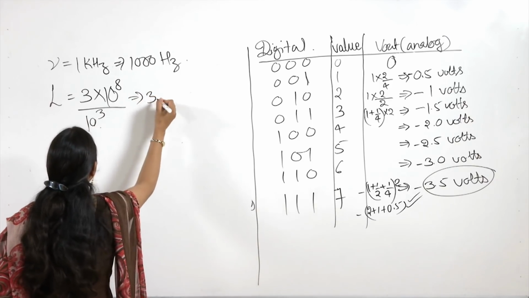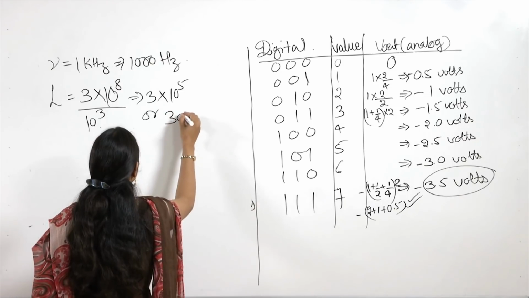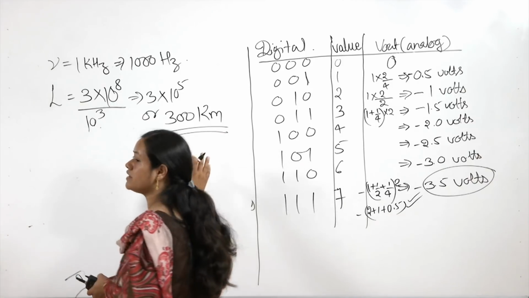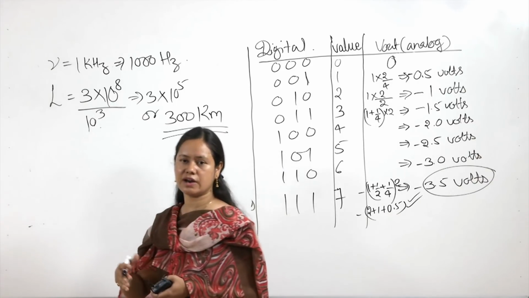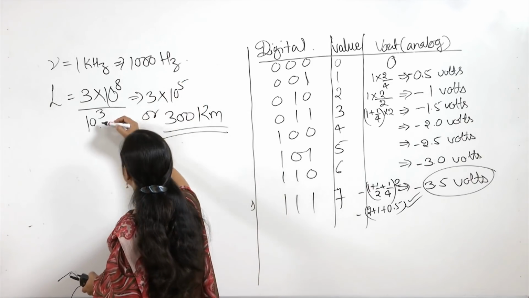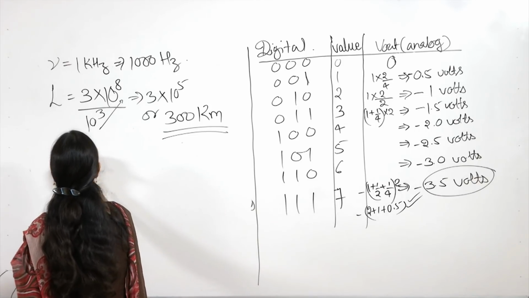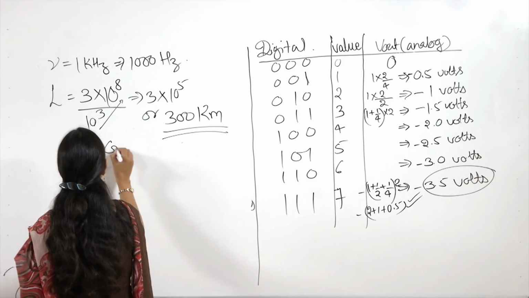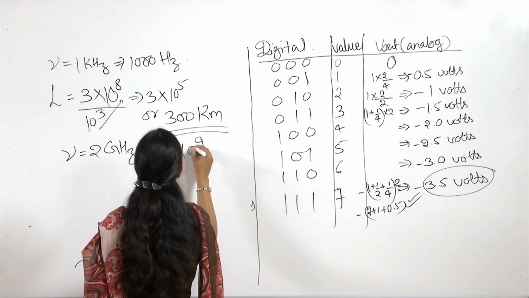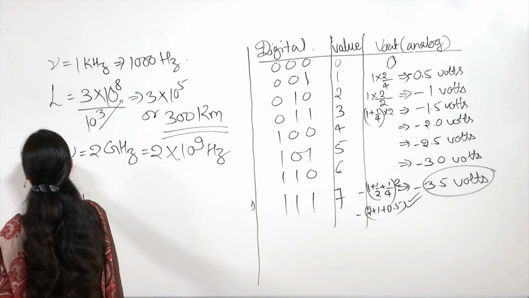So the length of this antenna will be 300 kilometers. So of course we don't want our antenna to be that big. As we keep increasing our frequency here, this L will go down. For example, we take a simple example of nu equal to 2 gigahertz frequency, which is actually 2 into 10 to the power 9 hertz. What will be L in this case?